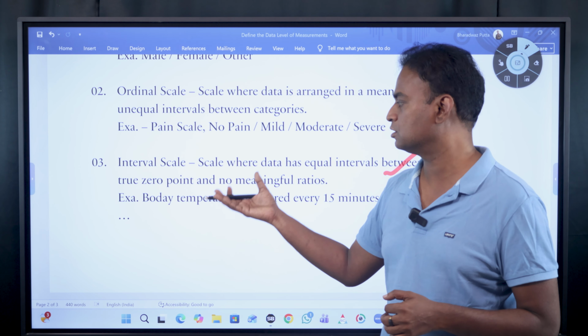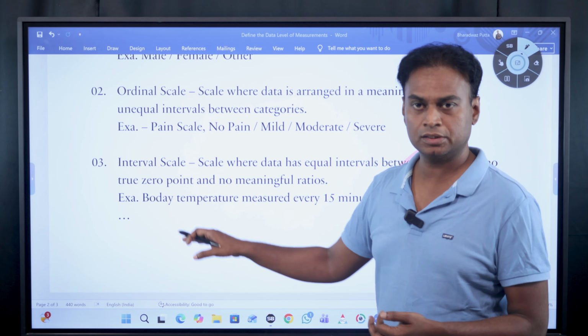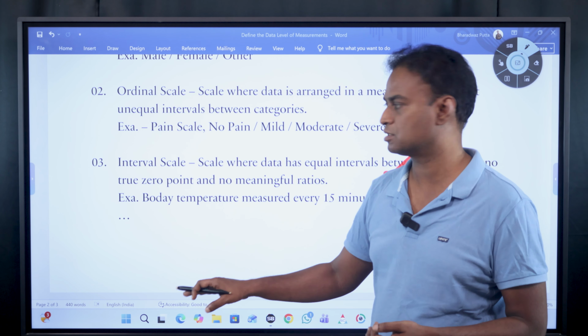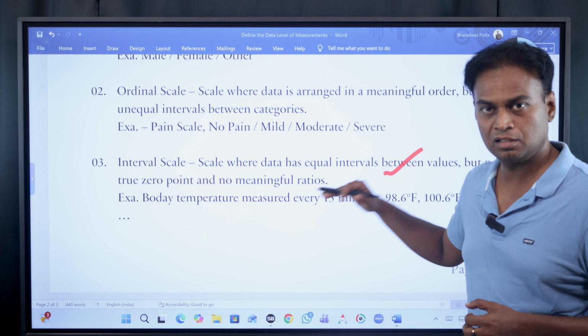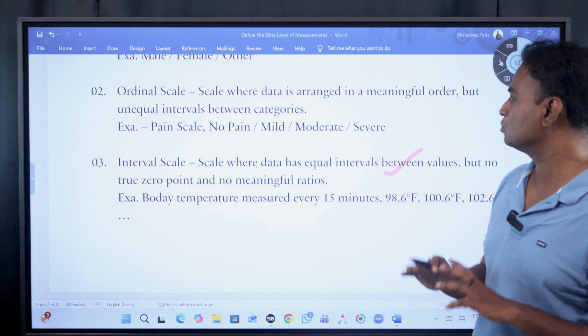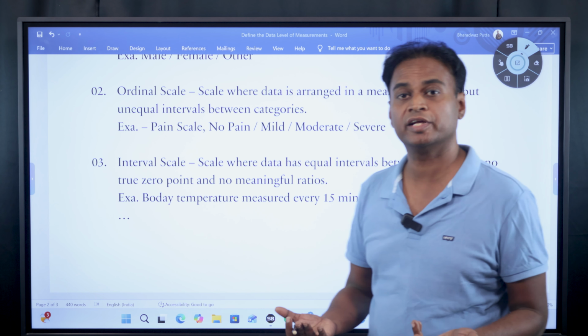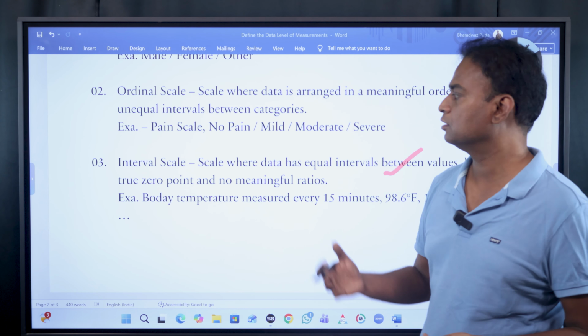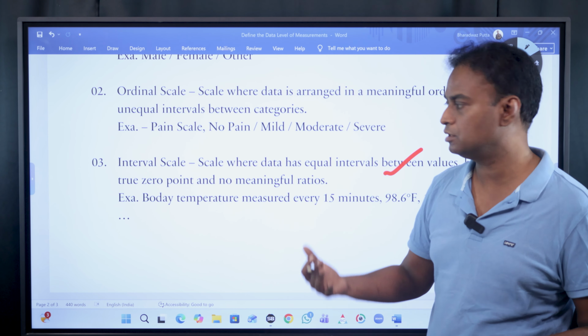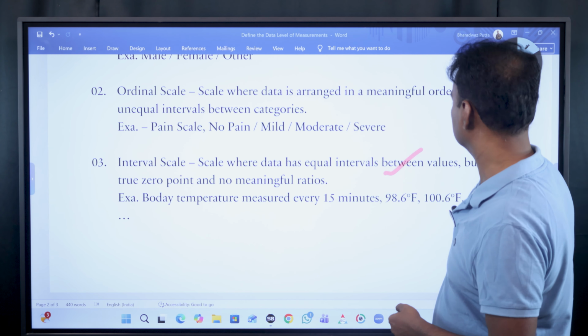If you say temperature 0, there are other temperatures, -1, -2, -3. It is not a complete absence of temperature. That's the reason in interval scale there is no true zero or no meaningful ratios. When such type of data is given to you, it is measured in interval scale.